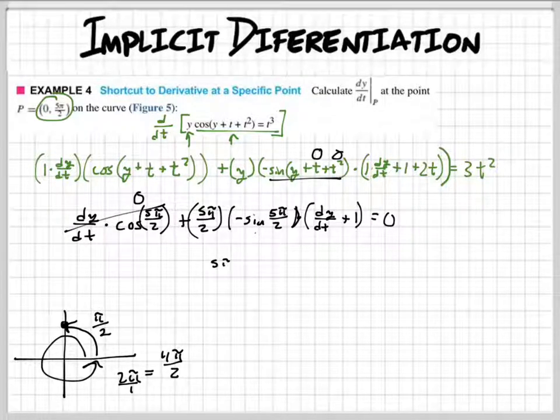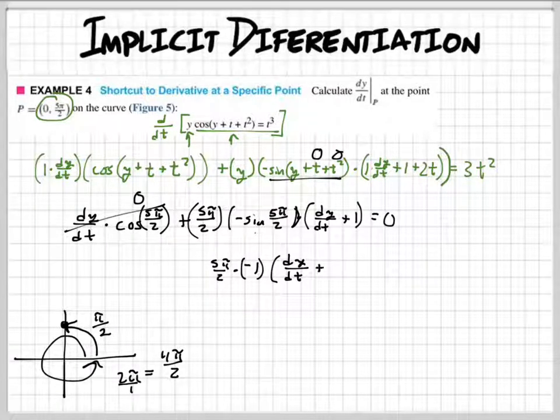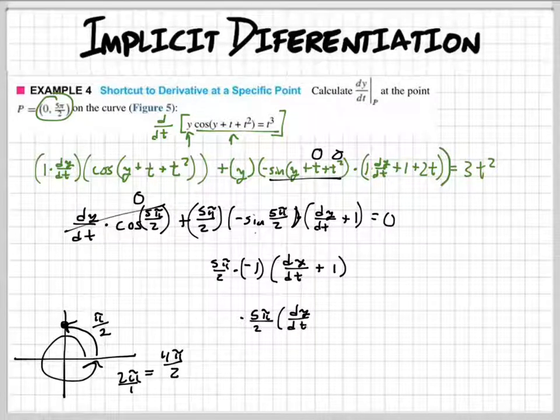Now we have 5 pi over 2 multiplying. What is sine of 5 pi over 2 going to give you? That's going to give you 1. Then you have the negative, so it'll be negative 1. And what's this other one going to give you? Nothing. So we just have times dy over dt plus 1. Let me simplify this a little more. We have negative 5 pi over 2 times dy over dt plus 1 equals 0. How am I going to solve for dy over dt?